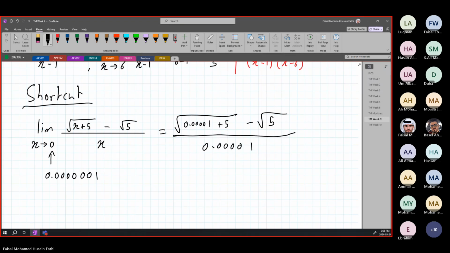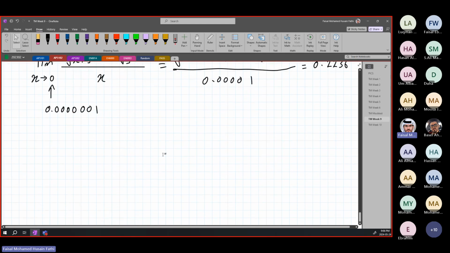And if I do that in the calculator, you're going to get a value of, for example, what I got was 0.2236, whatever.